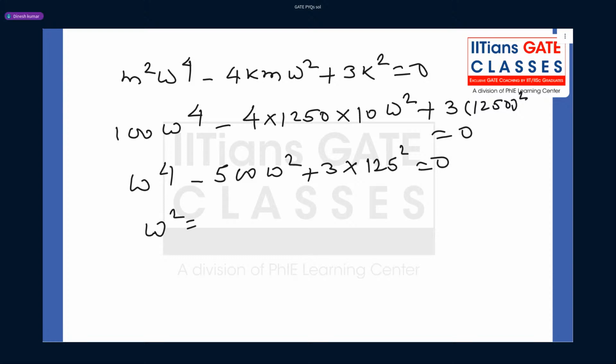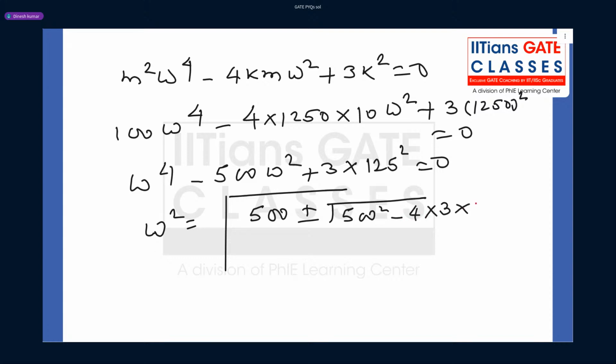It will be under root. Now b square, it is what? Minus b. So minus b means 500, minus b plus minus under root b square minus 4ac, so 500 square minus 4 into 3 into 125 square, upon 2a. So it is 2.